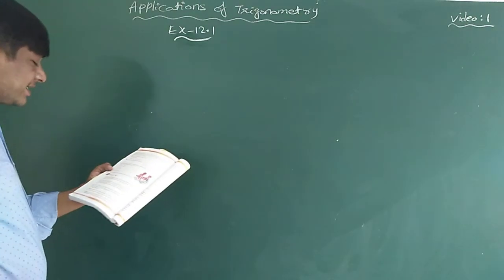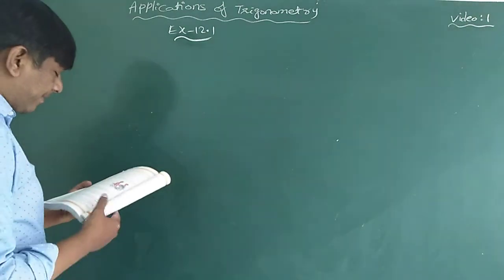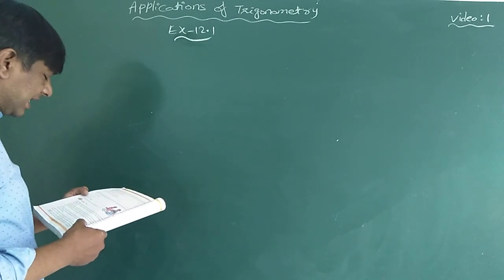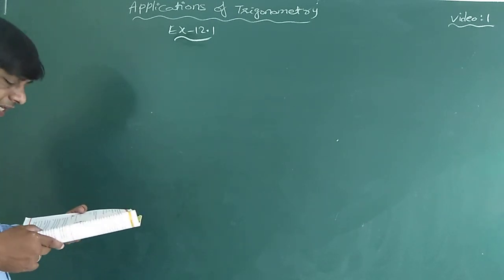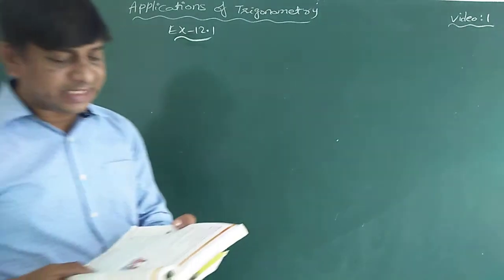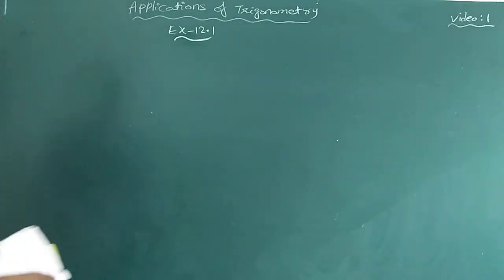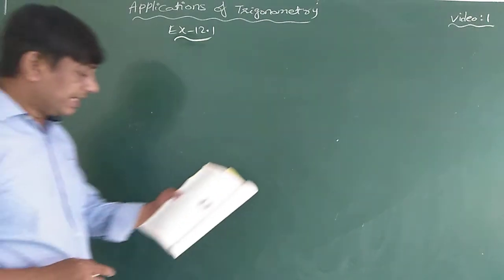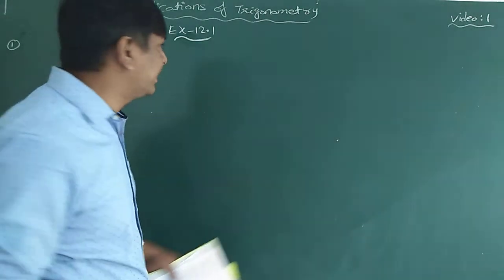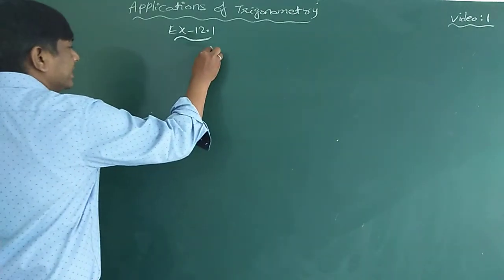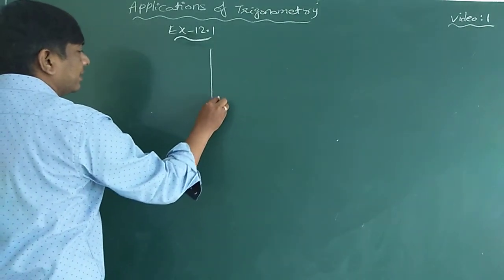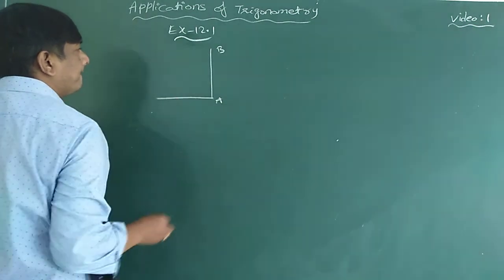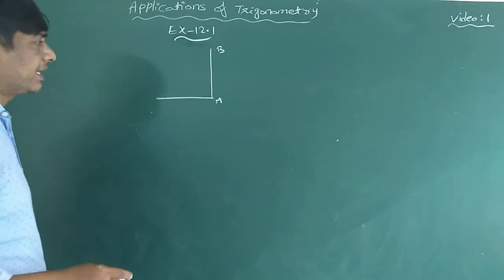A tower stands vertically on the ground. From a point which is 15 meters away from the foot of the tower, the angle of elevation of the top of the tower is 45 degrees. What is the height of the tower? This is tower AB, and this is the ground.